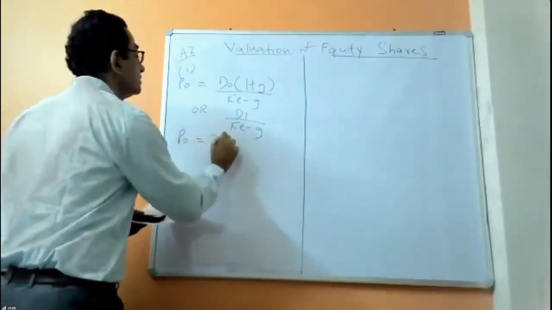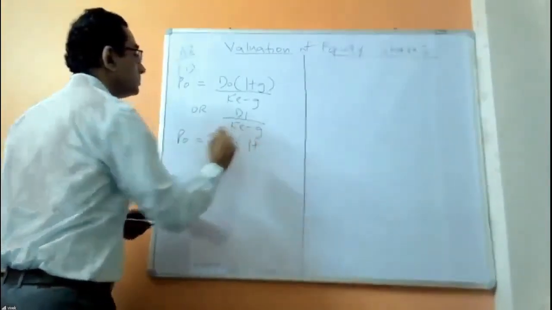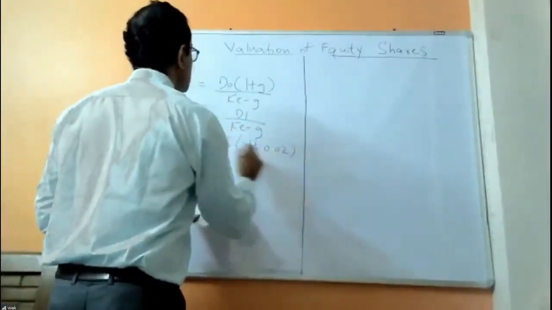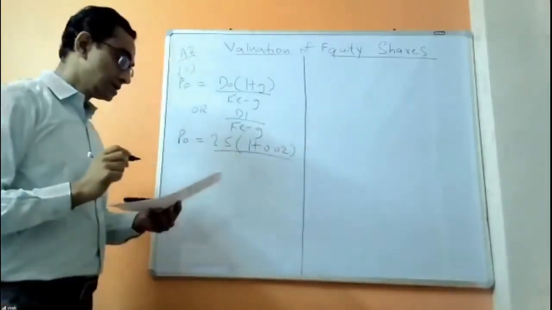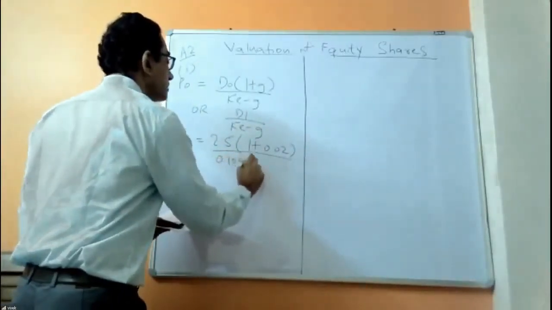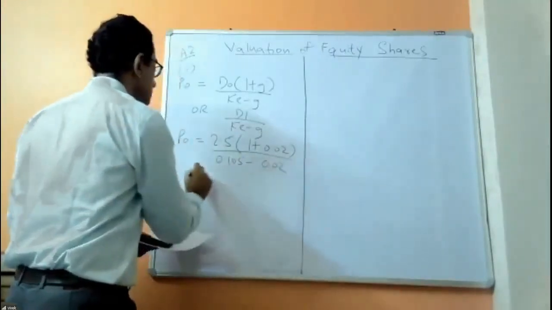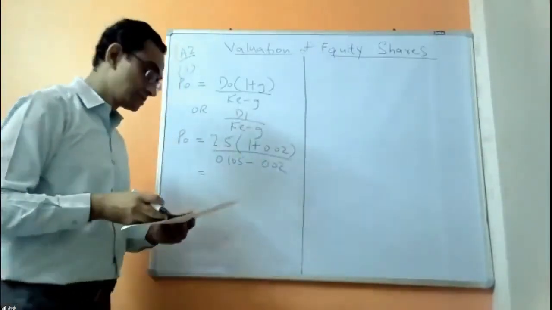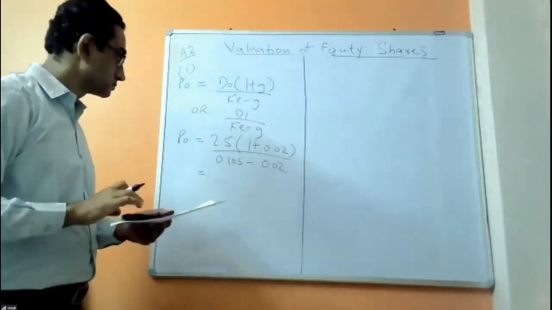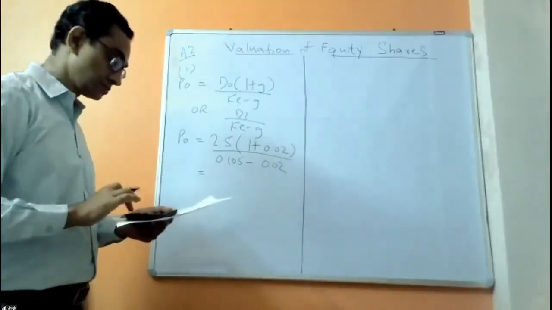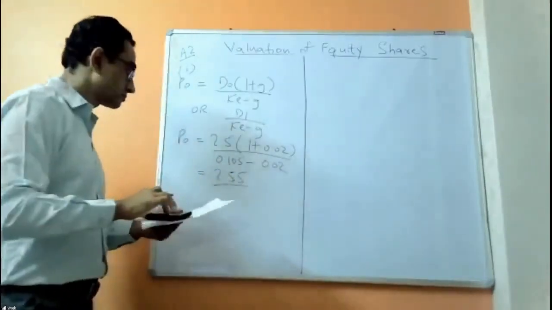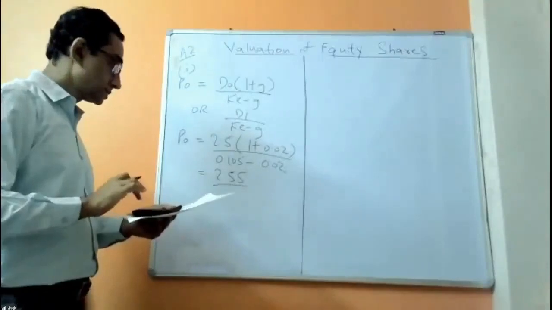So let us put the figures into the formula. D0 is given, current dividend 2.5, multiplied by 1 plus g, the growth rate which is 2%, upon KE, that is the cost of equity, 10.5%, minus growth rate, that is 2%. So let us solve this question.